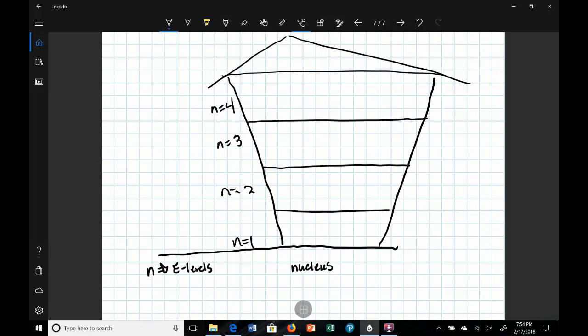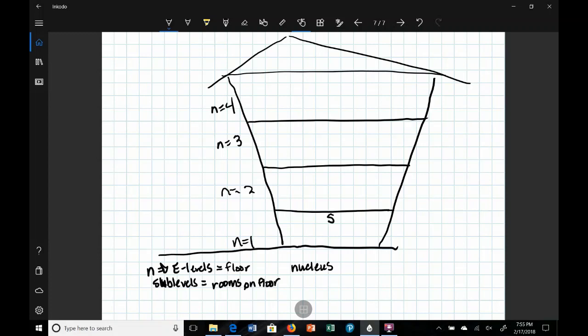On each level, we have a room, and each room has a name. Each room is going to be considered a sublevel. So we have sublevels, and those are going to be the rooms on the floor.